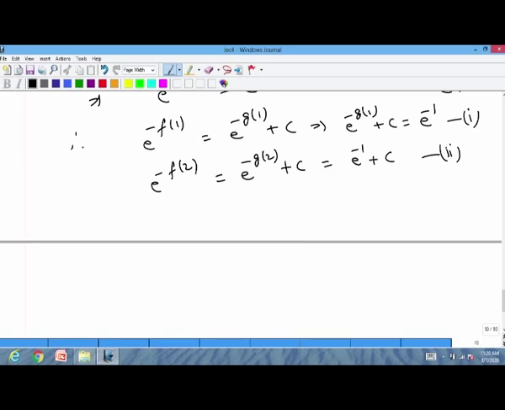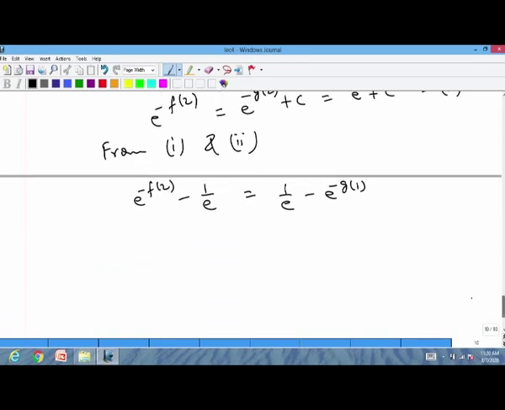So, from 1 and 2, we have c is e to the minus f of 2 minus 1 by e. This is equal to 1 by e minus e to the minus g of 1. So, this implies e to the power minus f of 2 plus e to the power minus g of 1 is equal to 2 by e.